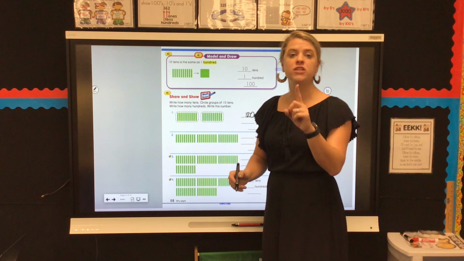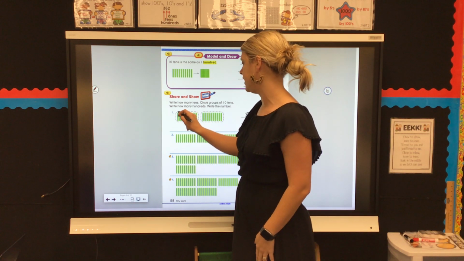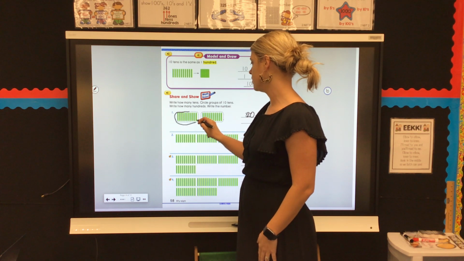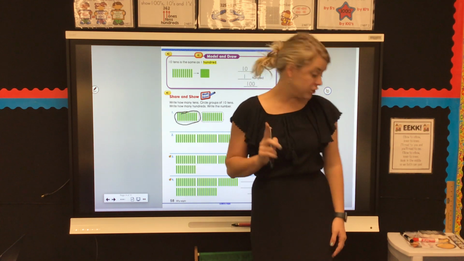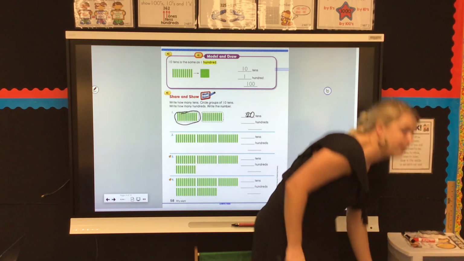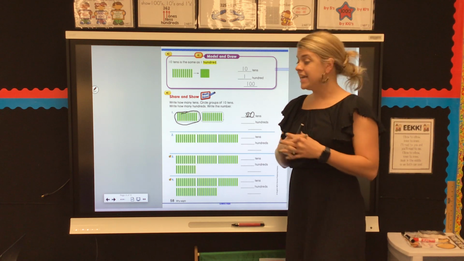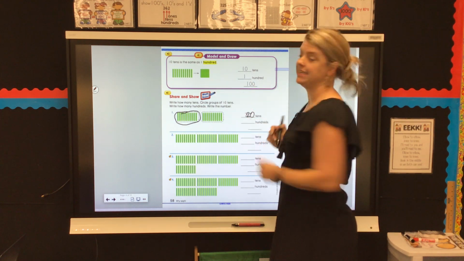Now, I'm going to show that I can trade that for a hundreds flat by circling it. And when I circled it, that shows that I can make 100 flat, okay?